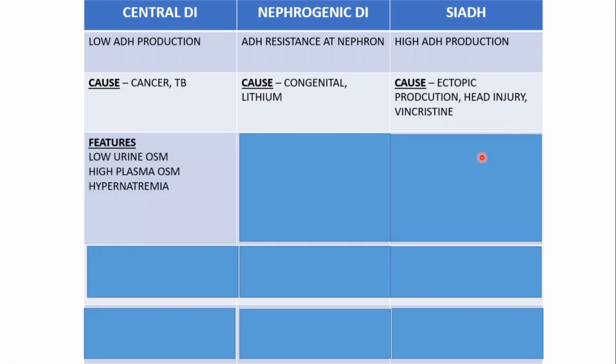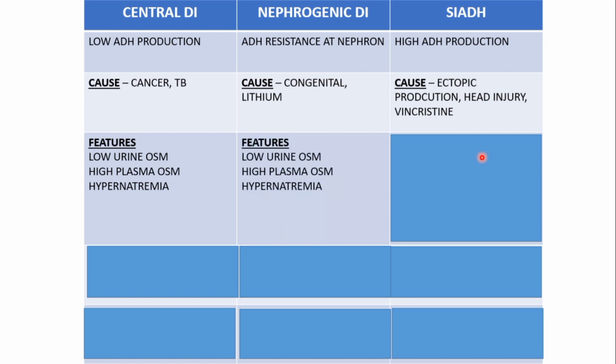What are the features? In central, we saw the urine osmolality was low and plasma osmolality was high because there is lots of water running out in the urine. So when lots of water is lost in the urine, there would be less water in the body, so the electrolytes would be more, so the patient would have hypernatremia.